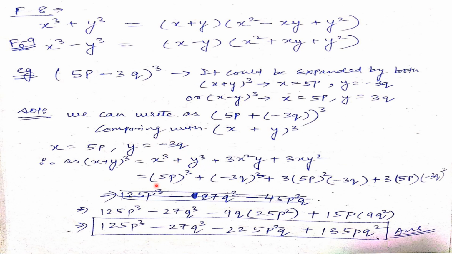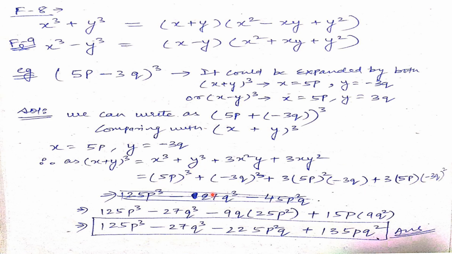So it becomes (5p) whole cube plus, y replaced by bracket minus 3q whole cube, plus 3, x is 5p square, y is minus 3q, plus 3, x is 5p, y square is (minus 3q) whole square. It is not difficult. What we have done is just put the values of x and y as follows.